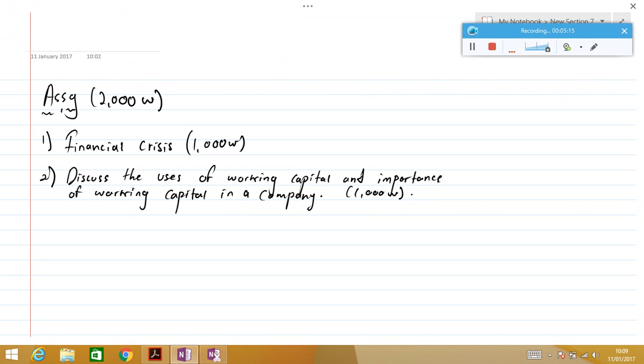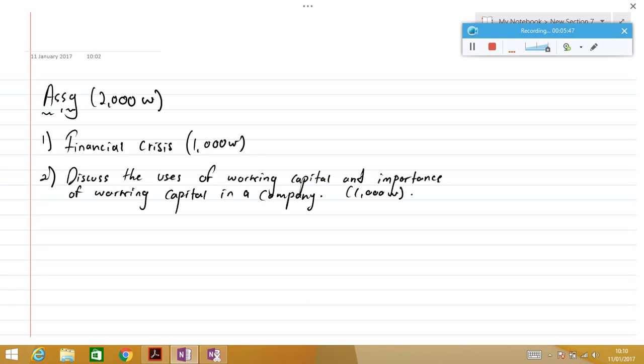One is the financial crisis. Another part is working capital. Discuss the uses of working capital and the importance of working capital in the company. This part we do first, the second part we haven't yet. This is more to our topic two in your notes. Once we enter topic two, you can start on what working capital is. Working capital will take almost 3 to 4 classes to finish. Quite a long topic, so slowly we read.